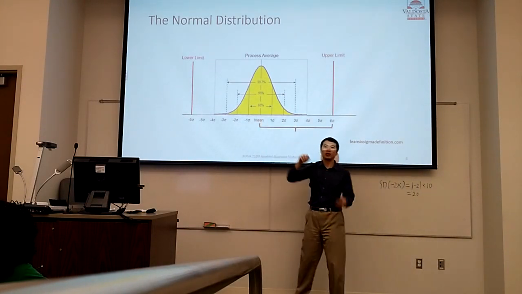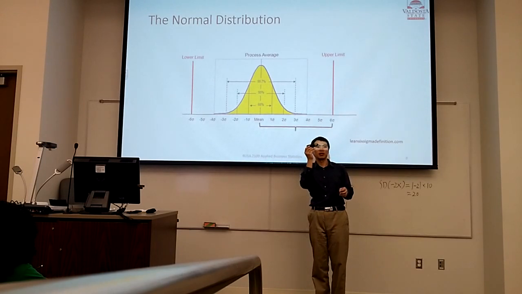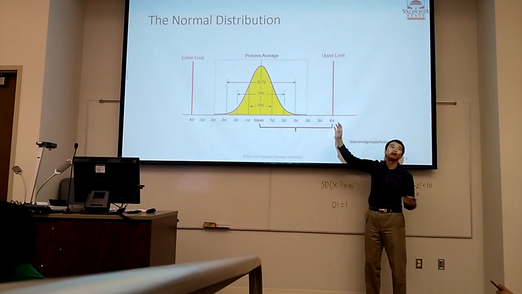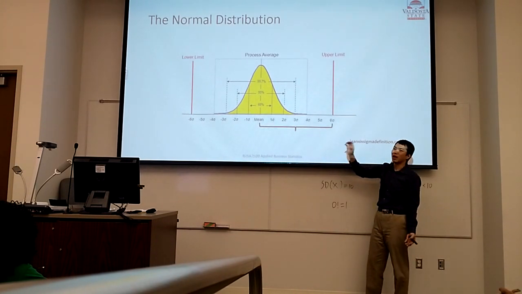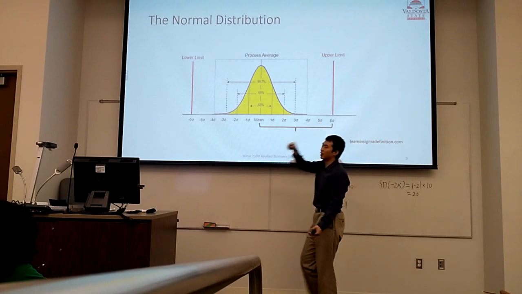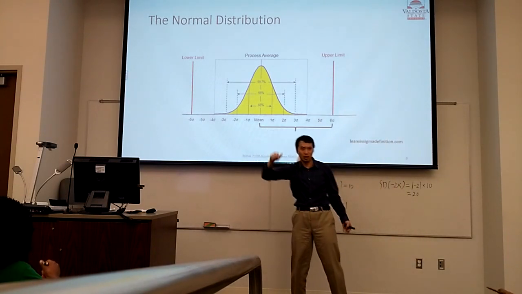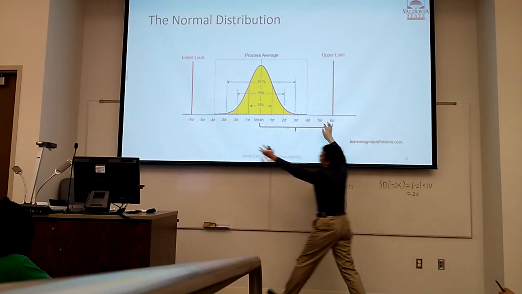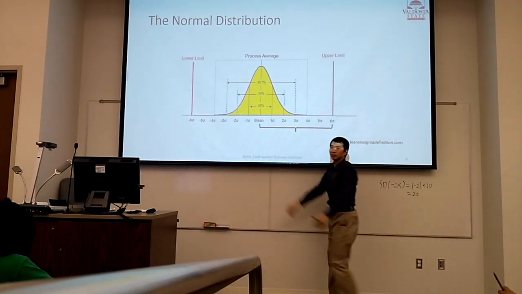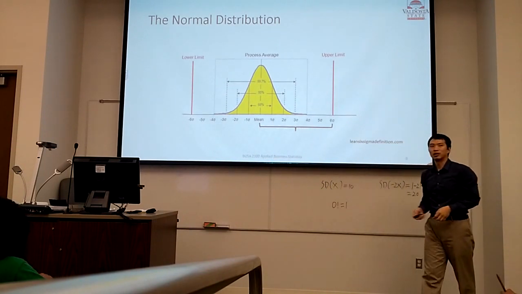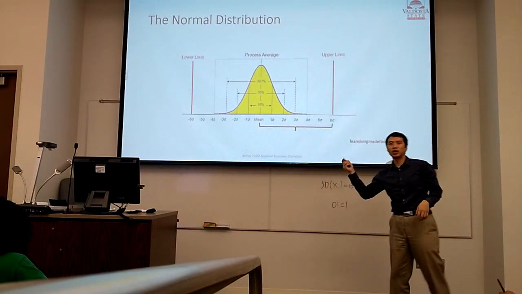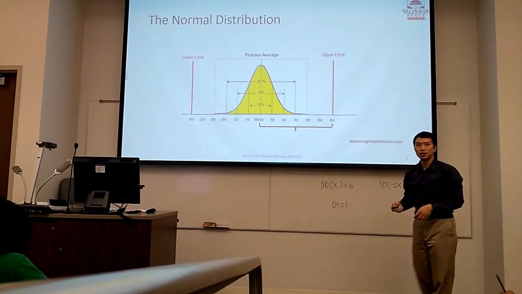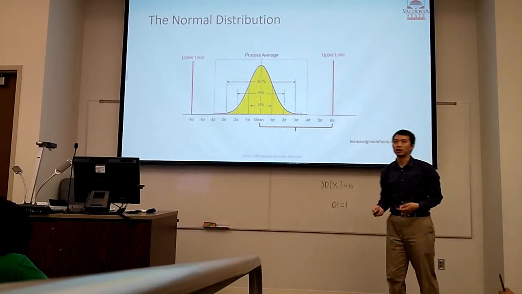If I produce a clicker whose length is out here, that means it's a defect. So I have to make sure 99.99999% of all my products fall in this area. That is one application. If you are interested, when you take the course, you can get more details about that.